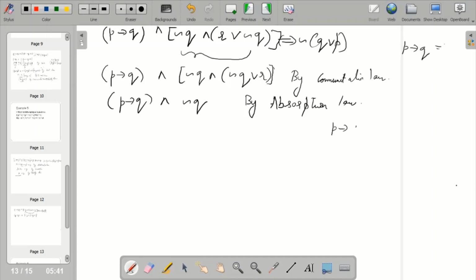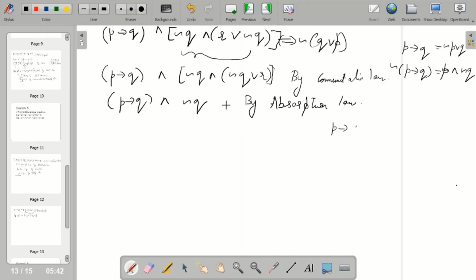You know p conditional q is nothing but negation p or q. And the negation of the whole: negation of negation p is just p, and negation of q, again you apply De Morgan's law. So it will be p and negation q. These are the two formulas of conditional. You need to remember the two formulas of conditional.